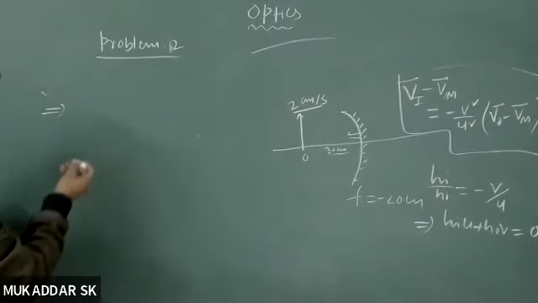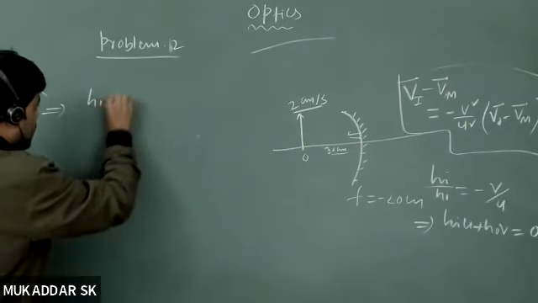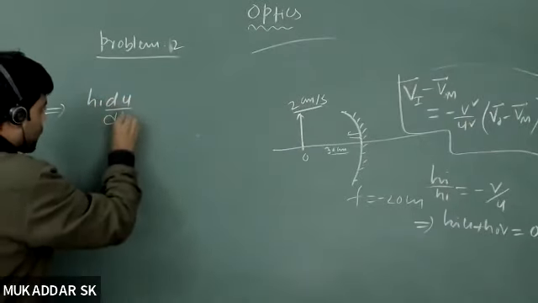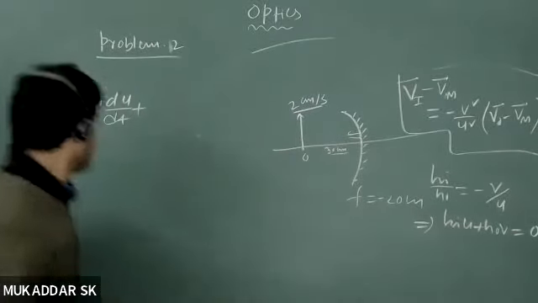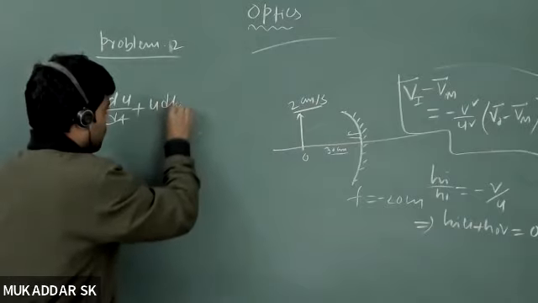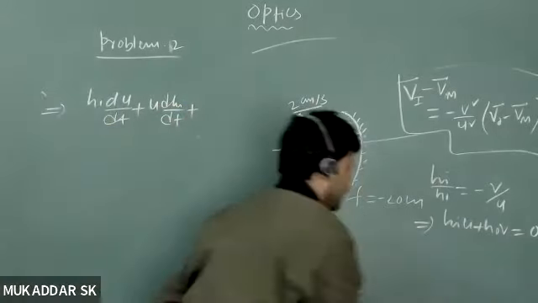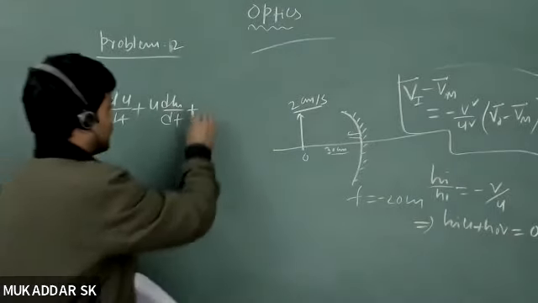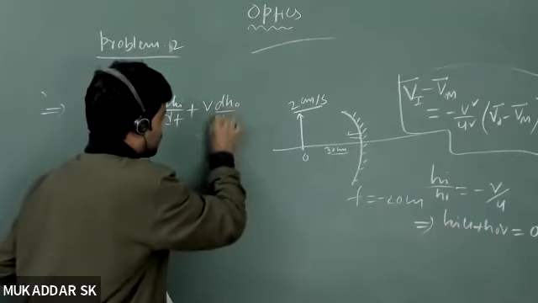First term, I can write hi du by dt. Second term, you will get u into dhi by dt. Then from the next term, I'll keep v as a constant and differentiate ho with respect to time.